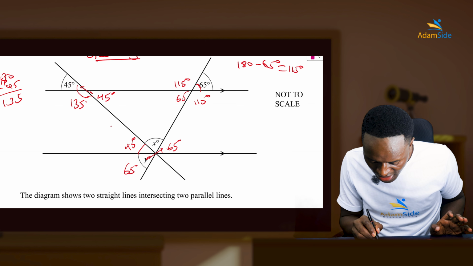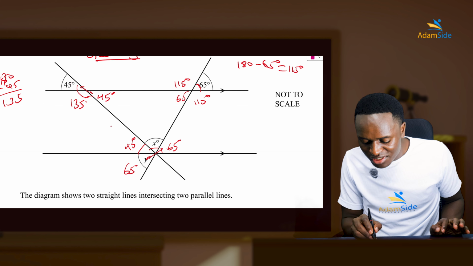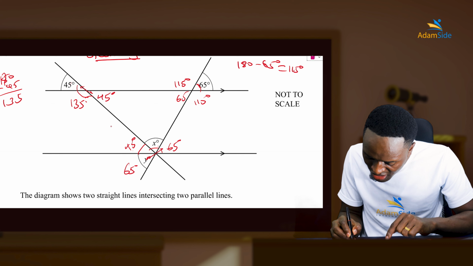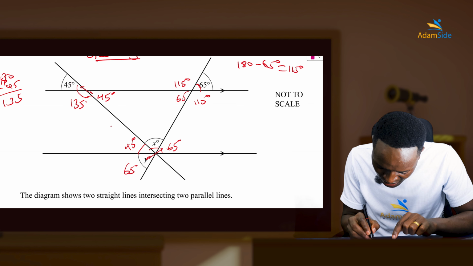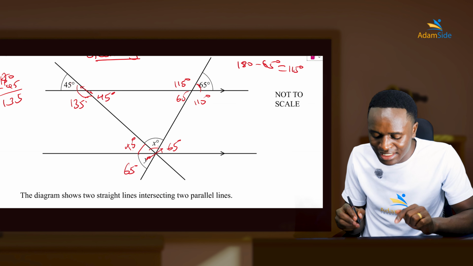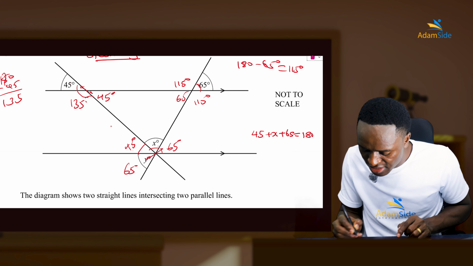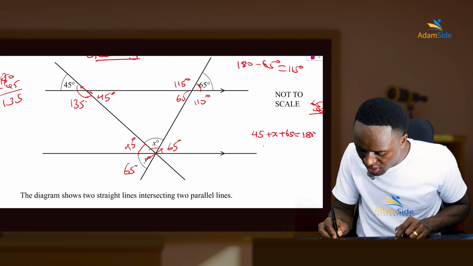Then we have 65 and 45, without even thinking of anything else. But also we have 45 plus 65 plus angle X, they are angles in a straight line, so they add up to 180 degrees. We want to see if both of them will give us a correct answer. We have also the angles inside here, angles in a triangle add up to 180 degrees. So 45 plus X plus 65 should be equal to 180 degrees. 45 plus 65, we get 110.